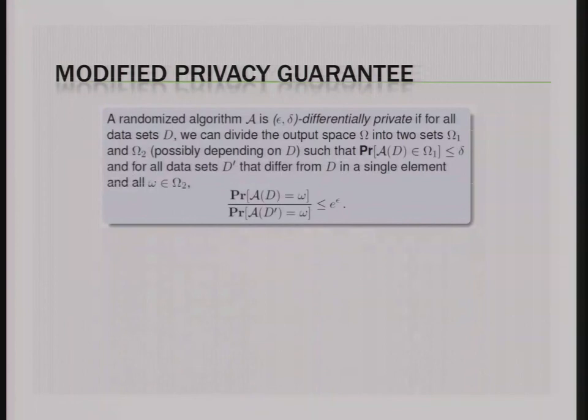So as you reduce epsilon, the noise level increases. But delta does not seem to affect it as much. I should also mention that in practice, you can say this is the epsilon and delta that you need, and then the parameters will automatically be tuned according to what you need.